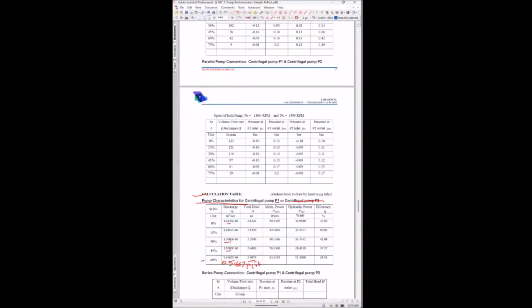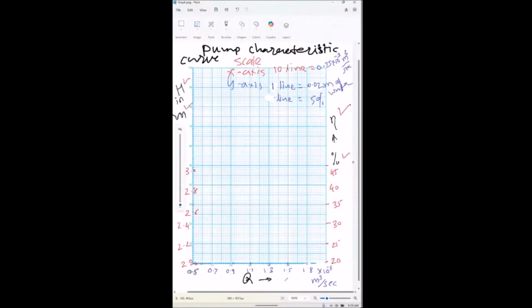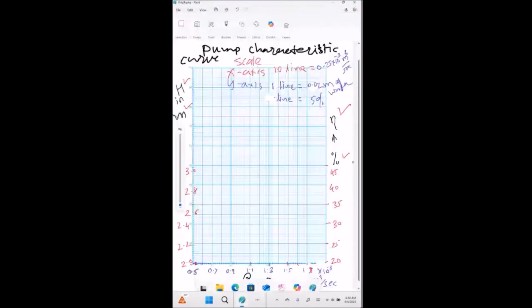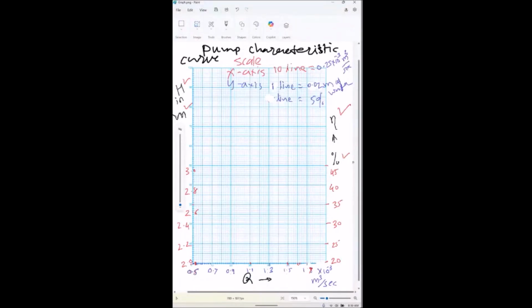Now 1.5 is here. 1.62 and 1.63, so 1.6 is here. Very close: 1.62, 1.63. This is 1.62 and this is in between 1.63. Okay, so these are the points.